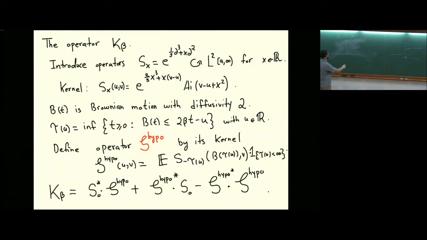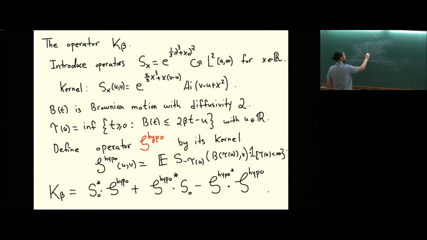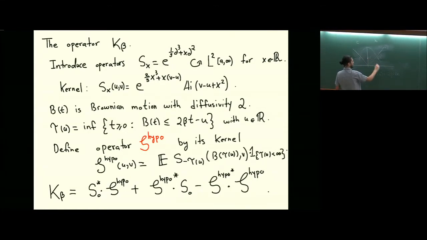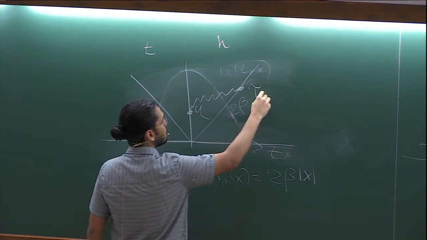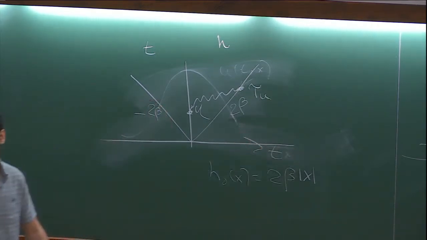If you want, you can say I am starting a Brownian motion at u, and I'm going to run it in t, and I'm going to stop at the first time it hits this curve.